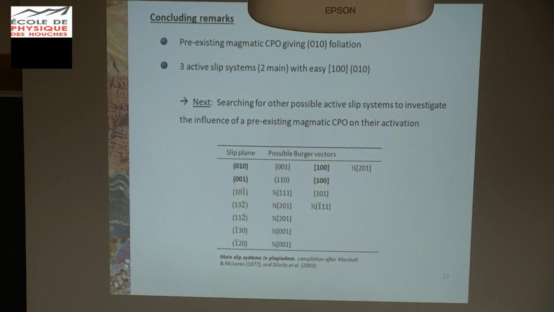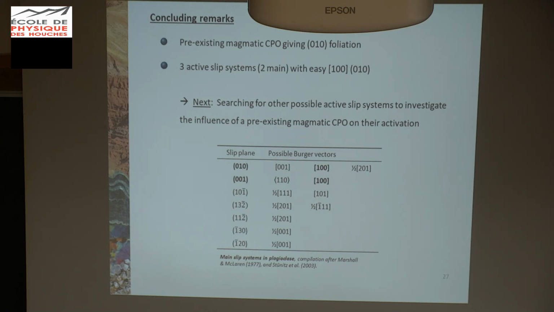So to conclude, I showed you that we have a pre-existing magmatic CPO giving a 010 foliation plane, and at the same time, when deformation occurs in gabbros, we have several slip systems active. Here I show you only 3, and the main active slip systems have the same slip plane as the foliation plane of the magmatic undeformed samples.